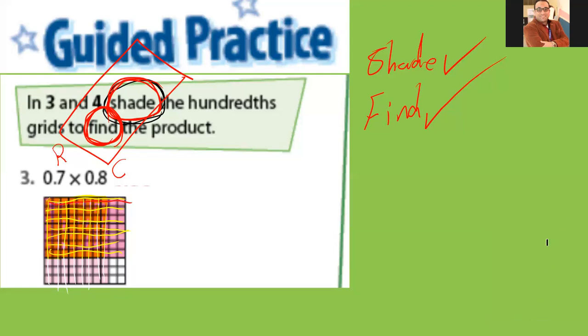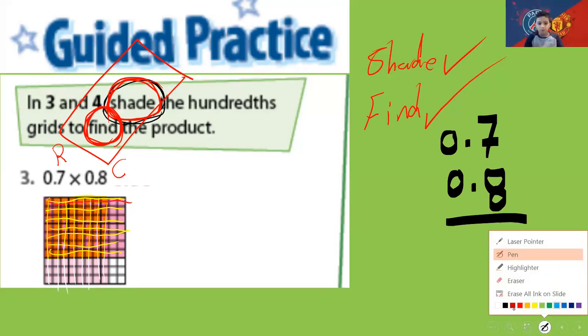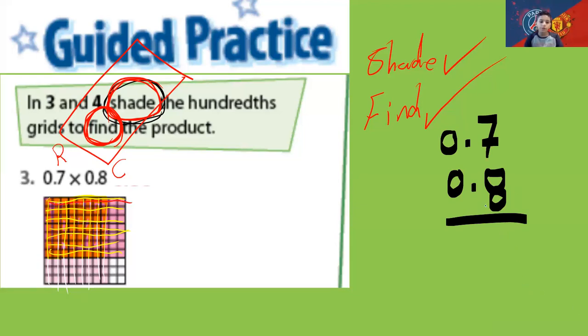But I'm still searching for the exact product to find. Find means to find the exact result. To get the exact result, multiply directly 0.8 by 0.7. It's 0.56 because 7 by 8 equals 56.